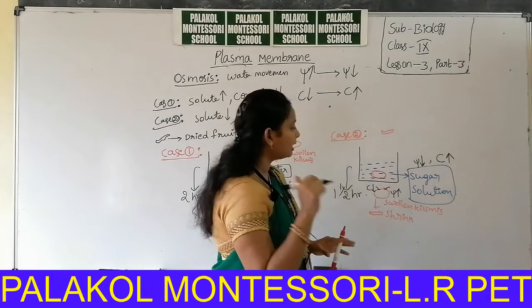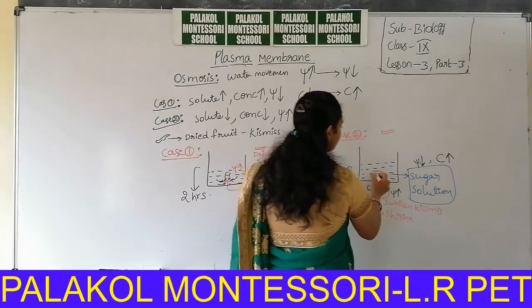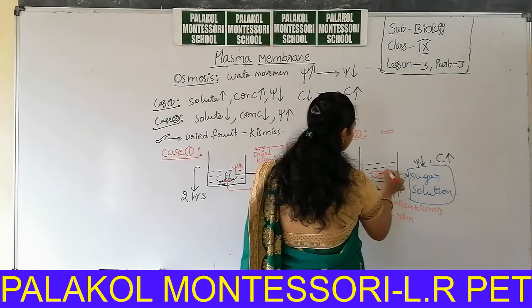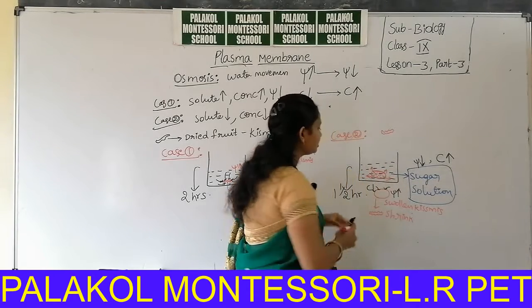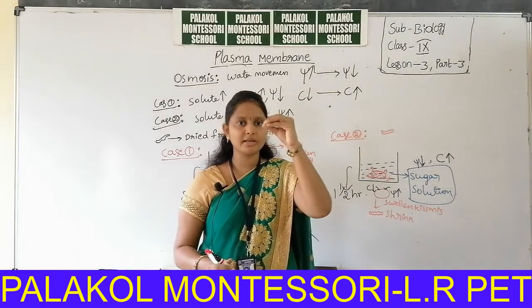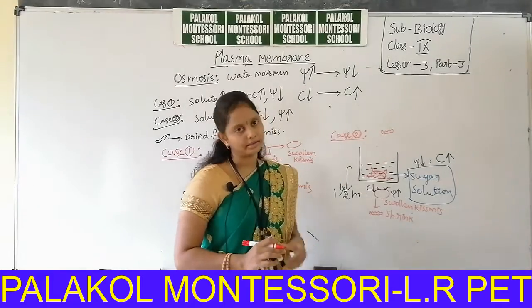That's why water present in the swollen kismis is lost to the outside. That's why this swollen kismis becomes shrunken.